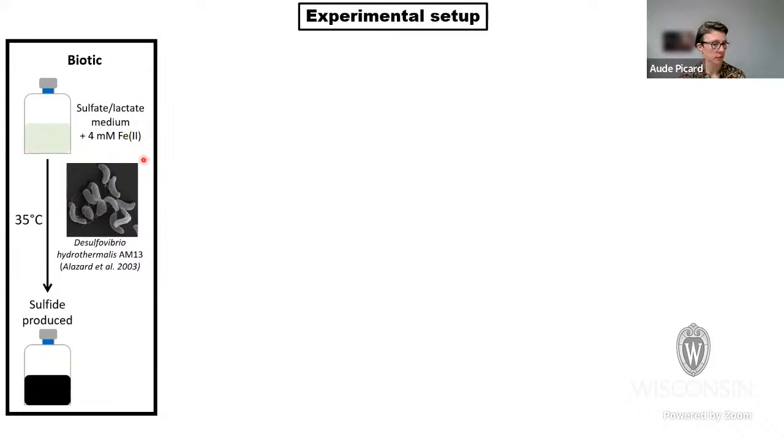I've used different sulfur reducers, but most of the results I'm going to show you are for this strain called Desulfovibrio hydrothermalis, that I picked specifically because it was isolated from a deep sea hydrothermal vent. So it was basically used to being in contact with sulfide.